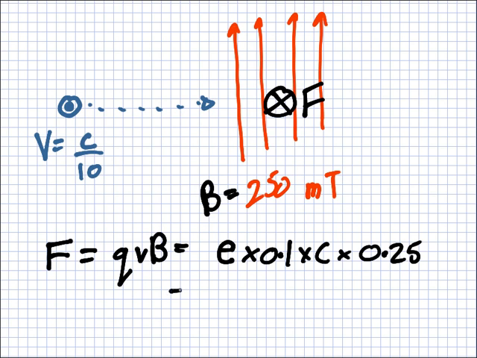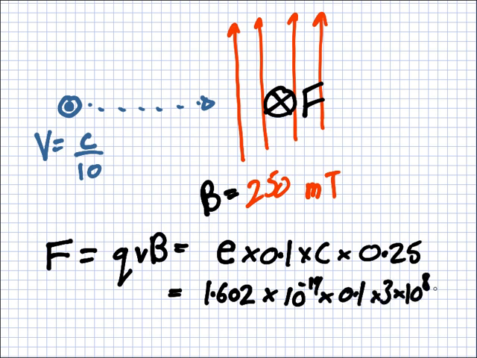I don't remember what the value of e was. 1.602 times 10 to the minus 19 times 0.1 times 3 times 10 to the 8 times 0.25. When you're ready, you can tell me what you get here.